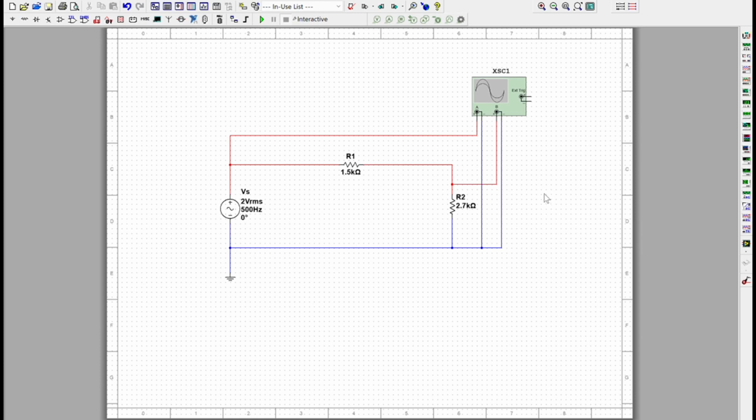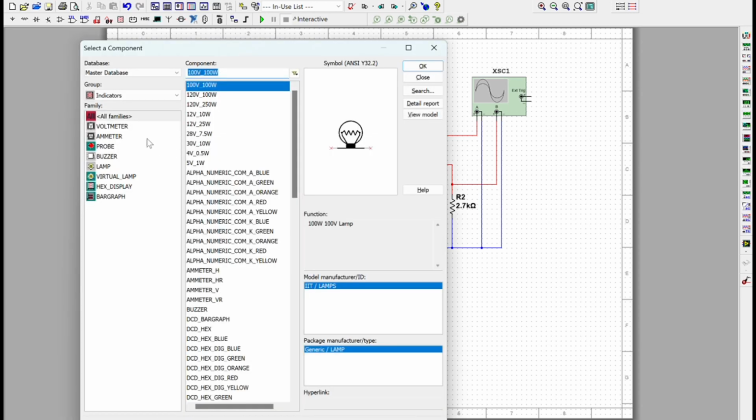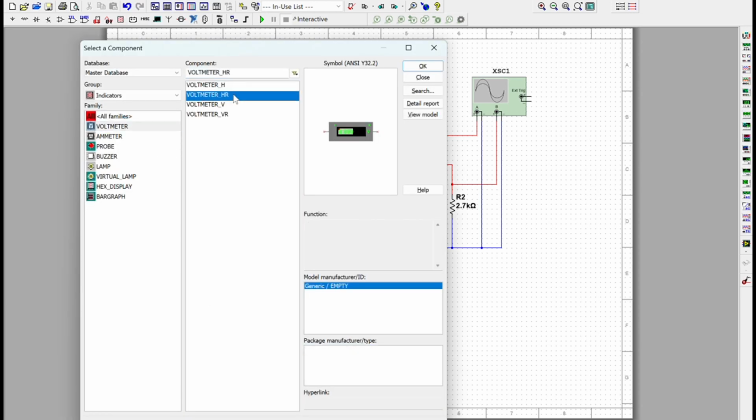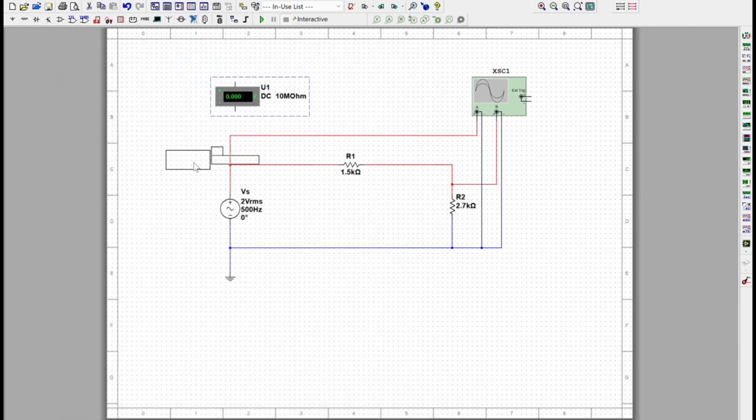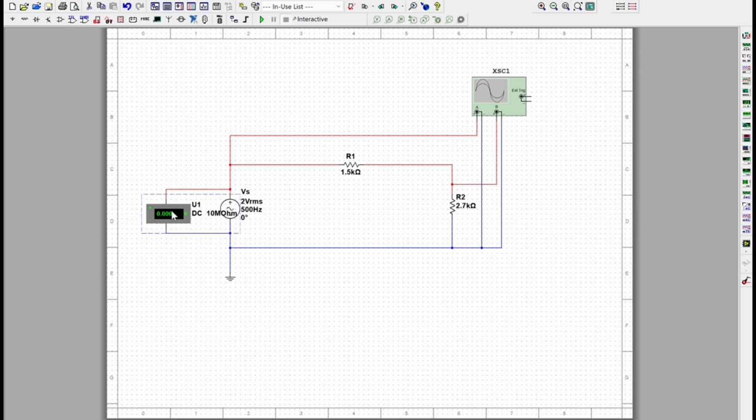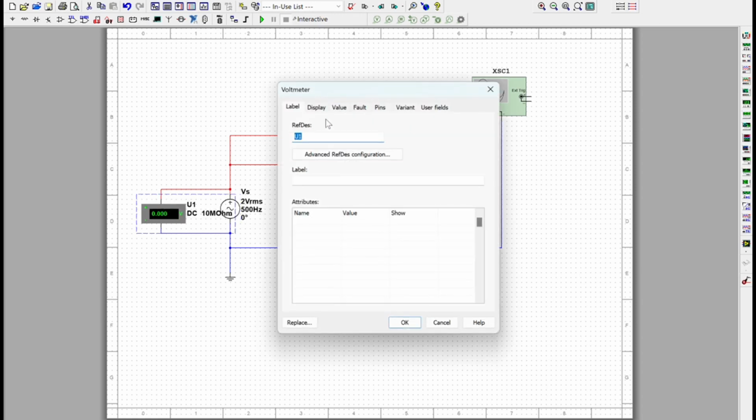And then for our first measurement, we are going to take some voltmeters and we are going to connect it to our voltage source so we can measure that. And then we are going to change it to VS RMS.